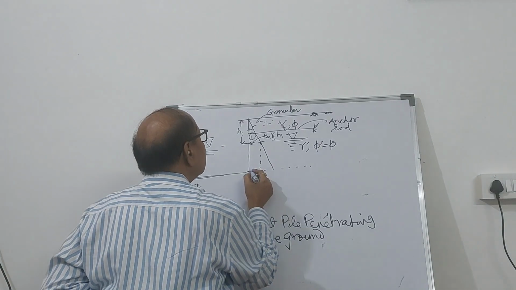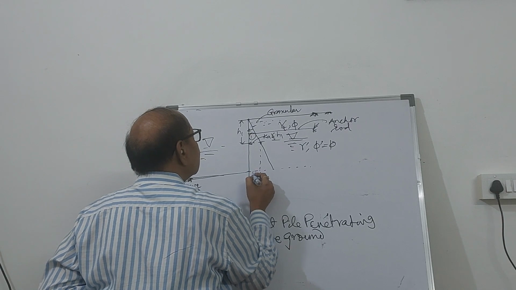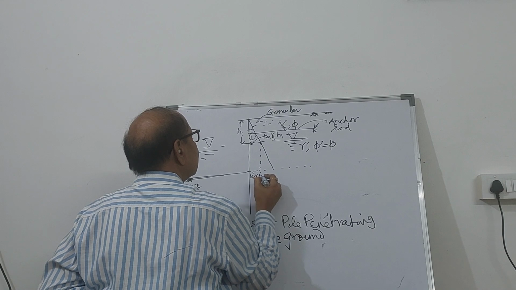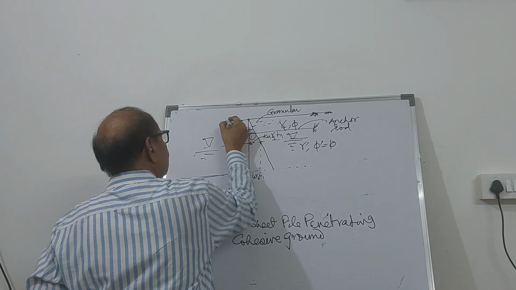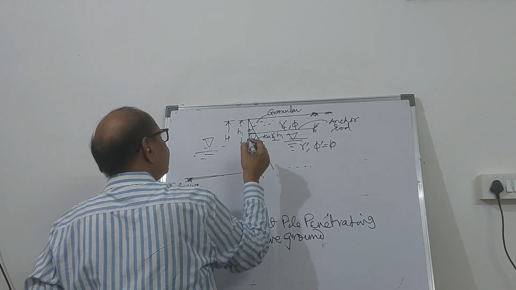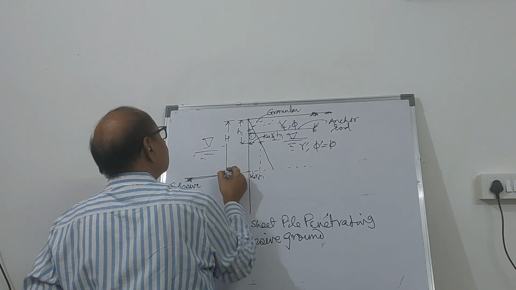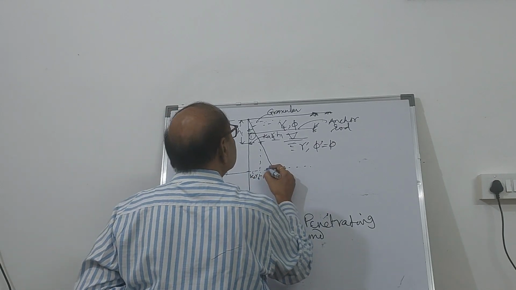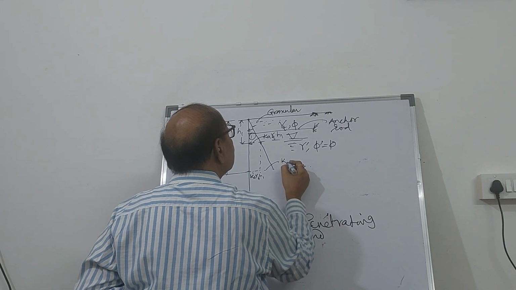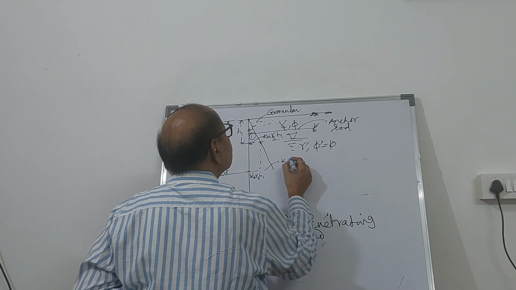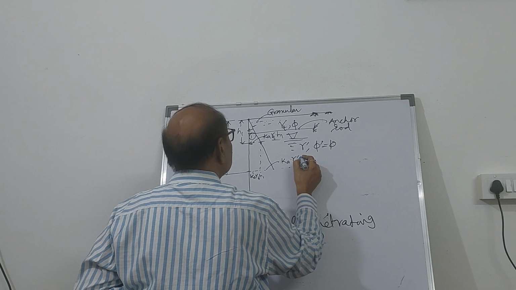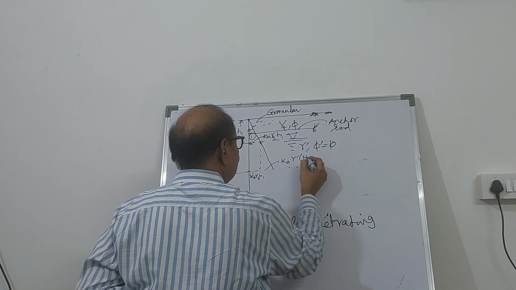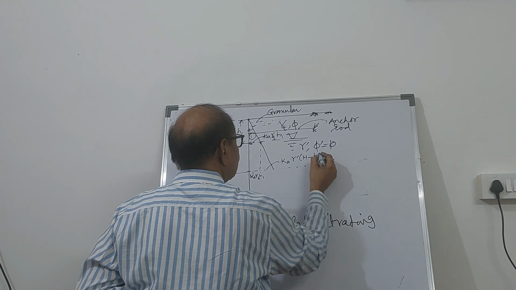K gamma T H1. And the total height is H of the sheet pile up to the dredge line. Now this one will be K into gamma prime into capital H minus H1.